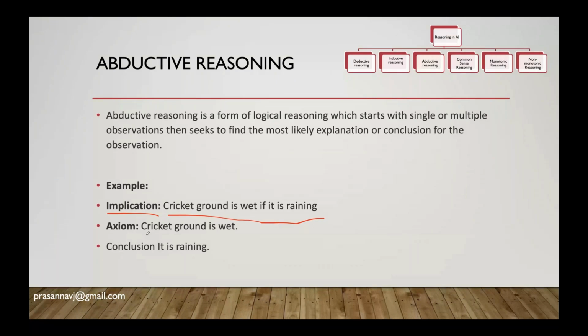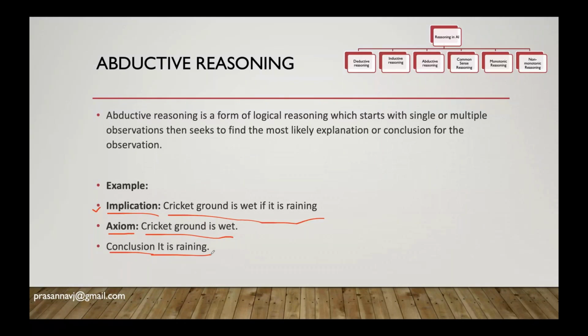Now the observation is that the cricket ground is wet. Because you already have the knowledge that the cricket ground is wet if it is raining, you can come to a conclusion that because the cricket ground is wet, it is raining. So this is abductive reasoning.